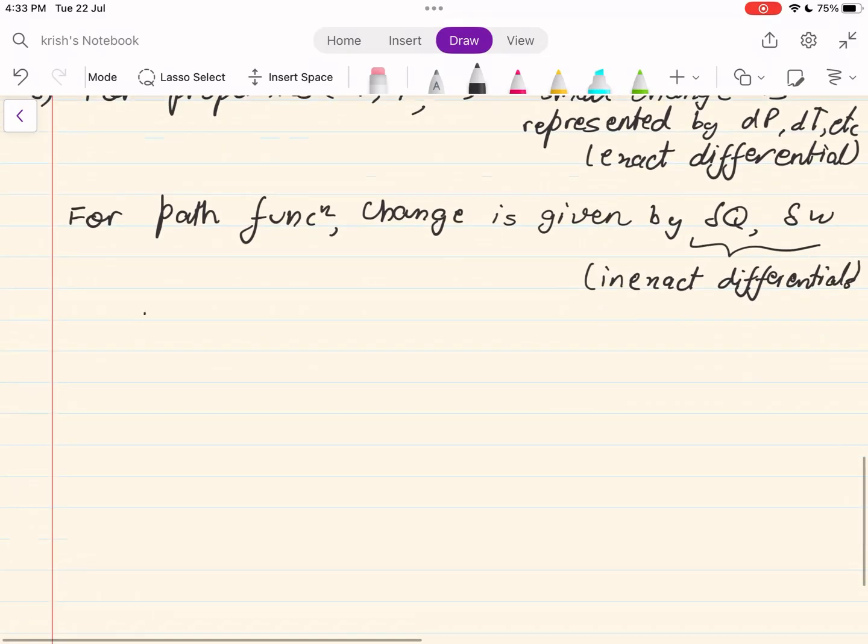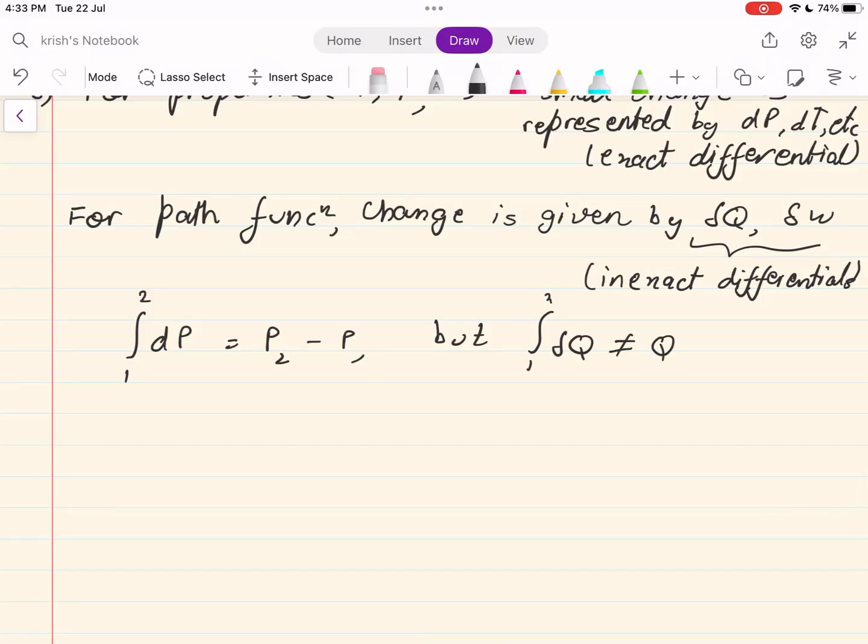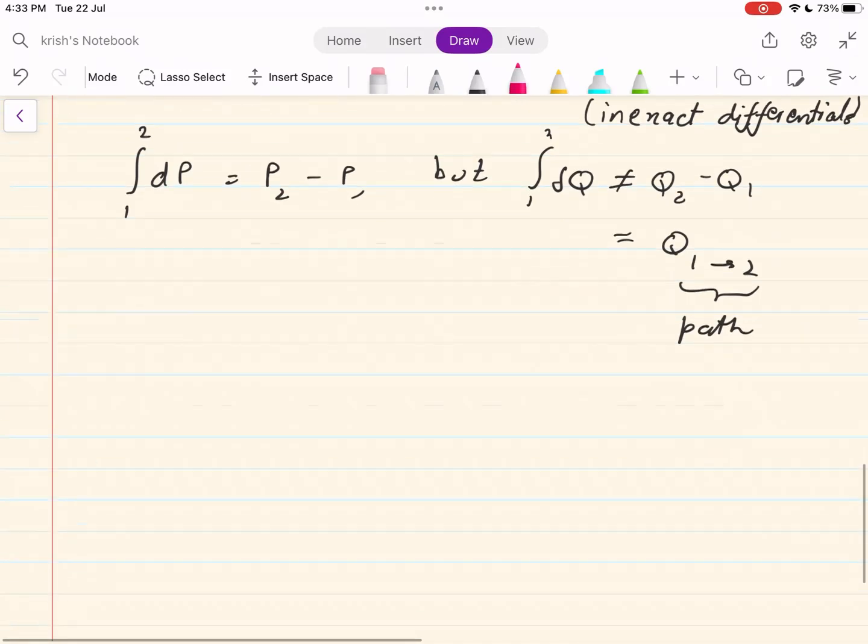Now, what does this mean? This means that, for example, integral of dP from 1 to 2 equals P2 minus P1, but integral of delta Q from 1 to 2 does not equal Q2 minus Q1. It equals Q from 1 to 2. This is a path. You cannot subtract the states.